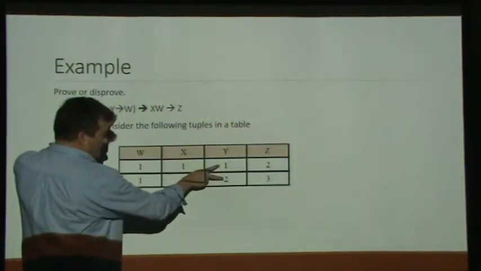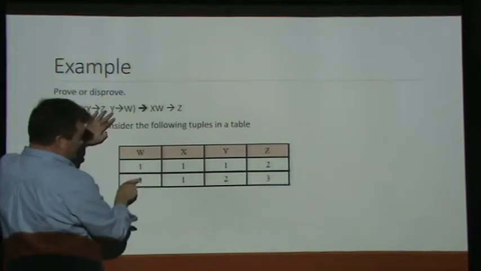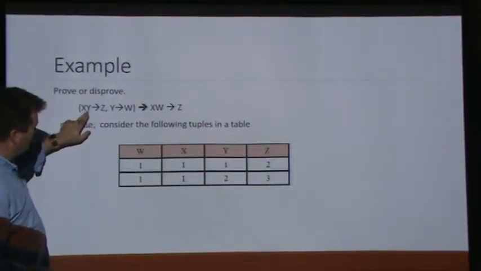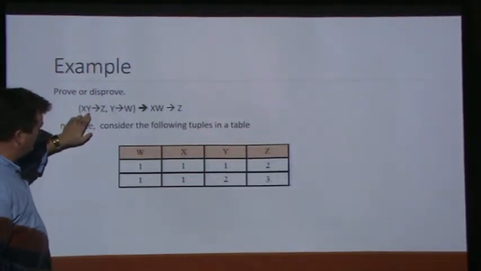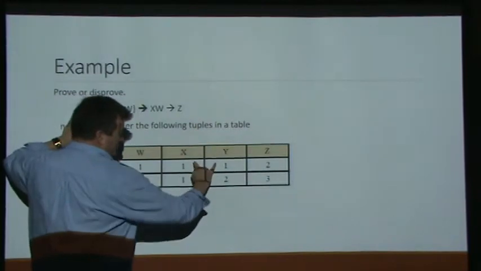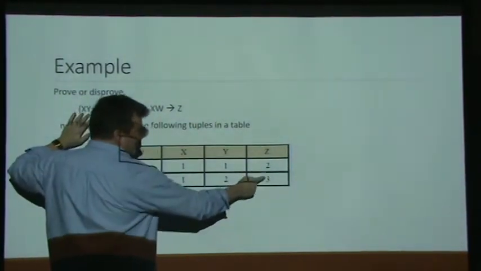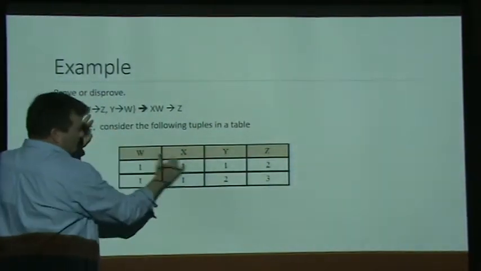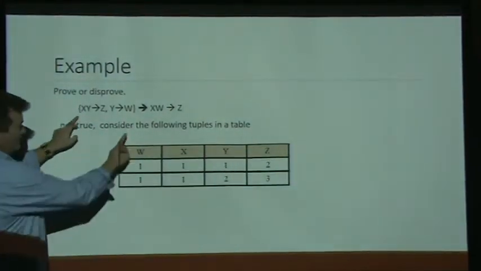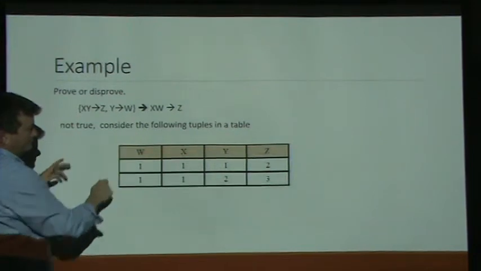But that's true in this case, because the 2 Y values are different, so it's okay that these match. And we want X and Y to uniquely give us a Z, but here the combination of X and Y are different, so it's okay that the Z's are different. So this table does follow these 2 rules.